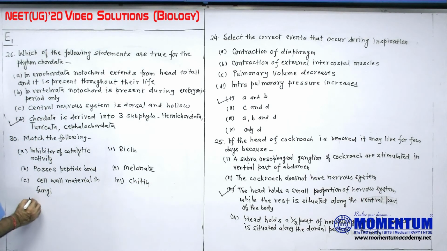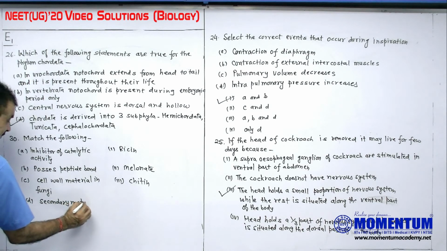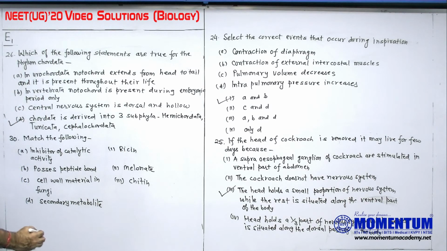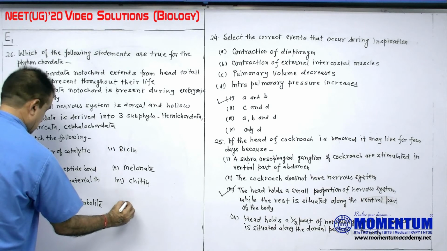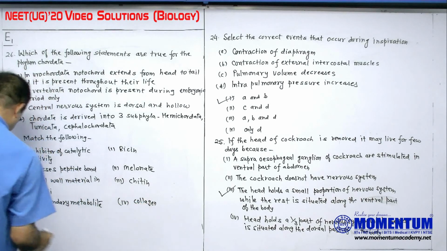And fourth, D, secondary metabolite, that is collagen.